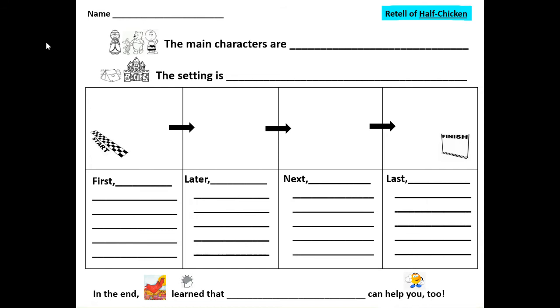Who are the main characters in the story Half Chicken? Say it in a complete sentence. The main characters are Half Chicken, fire, wind, and water. The setting is, where does the story mostly take place?